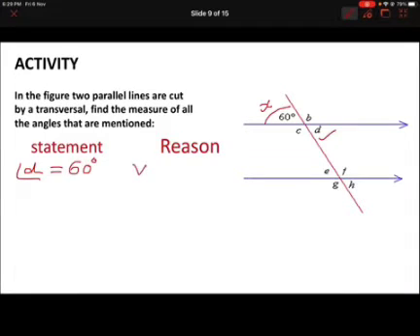The reason is vertically opposite angle of x. How many of you agree? D is also 60 because the reason I've given is it's vertically opposite angle of x, and you all know vertically opposite angles are equal. That is one reason I can give. Or I can find out E or C or B and give a different reason. But whatever it is, the measure of D will be 60 degrees only.